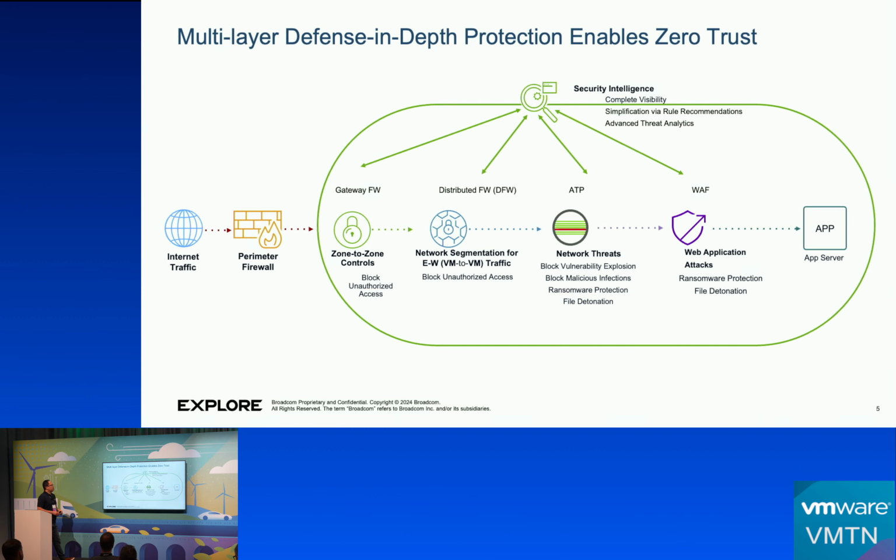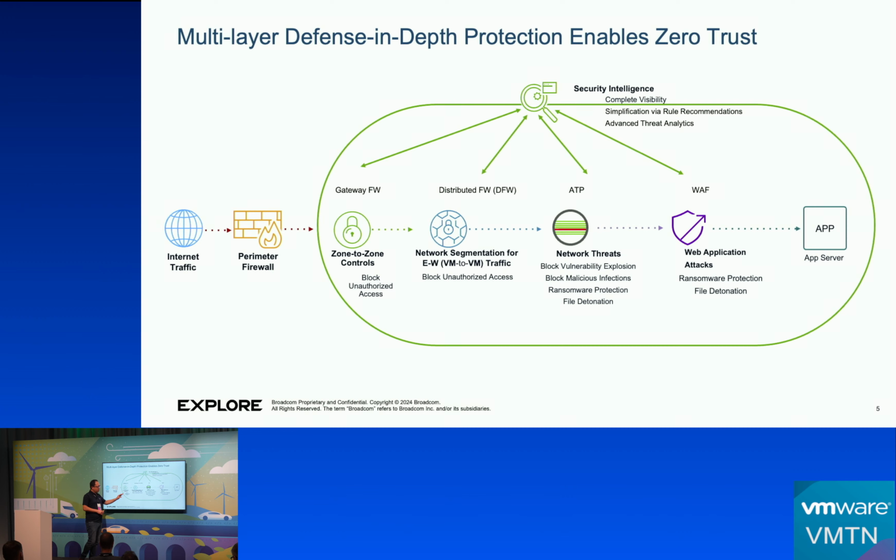So our vDefend solution is a multi-layer defense-in-depth solution that protects and enables zero trust in your VCF infrastructure. Starting off with the internet traffic, perimeter firewall, then you can see a bunch of technologies here.